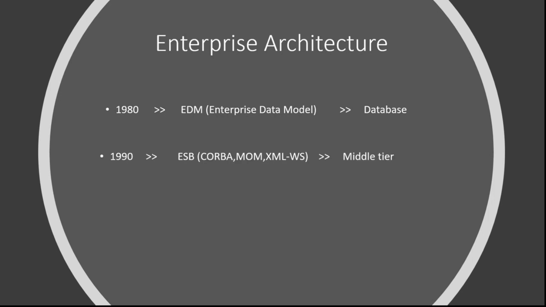So then in the year 1990, 10 years after that, you may have heard the name of ESB. ESB full name is Enterprise Software Bus. Not Service Bus. When the name came, it was Enterprise Software Bus.